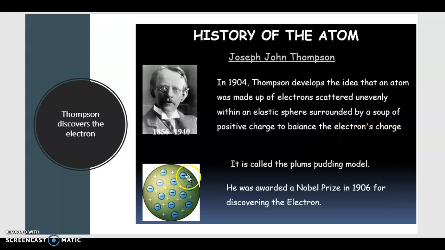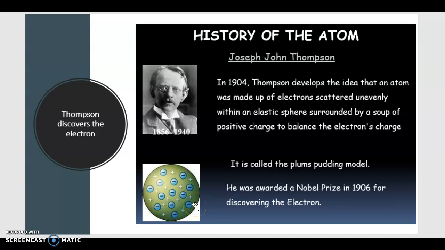And so he came up with this model that's called the plum pudding model. This atom really isn't just a solid chunk of material. It has other stuff in it. It has these negatively charged electrons, and it has some other positively charged stuff in it as well.